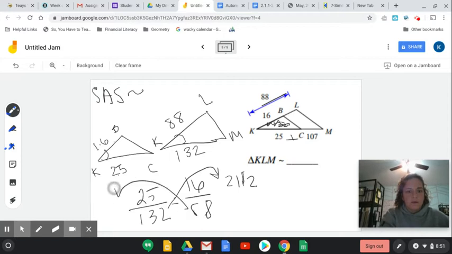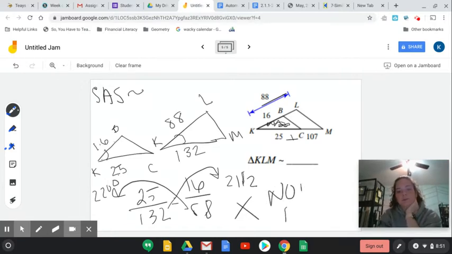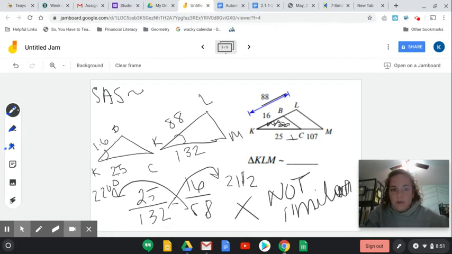And then 88 times 25 is 2200. So obviously these two numbers are not congruent or not equal. So therefore these two triangles are not similar. Sorry, that's not writing as well. Not similar.